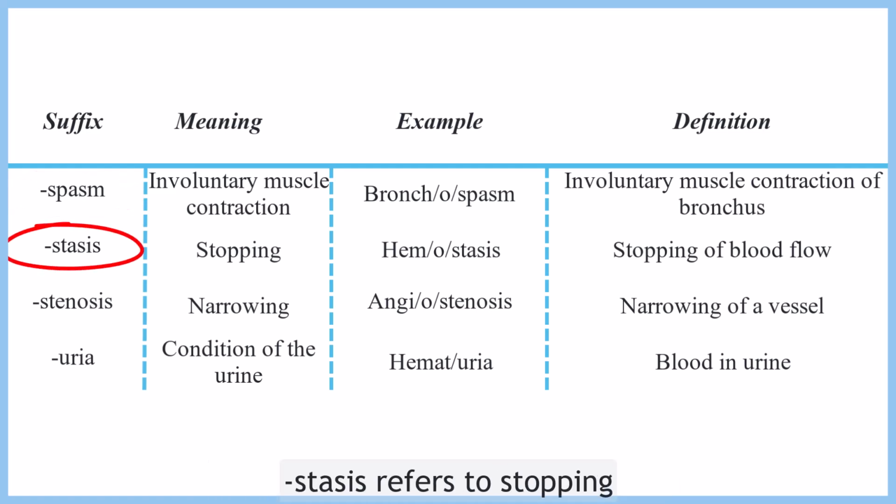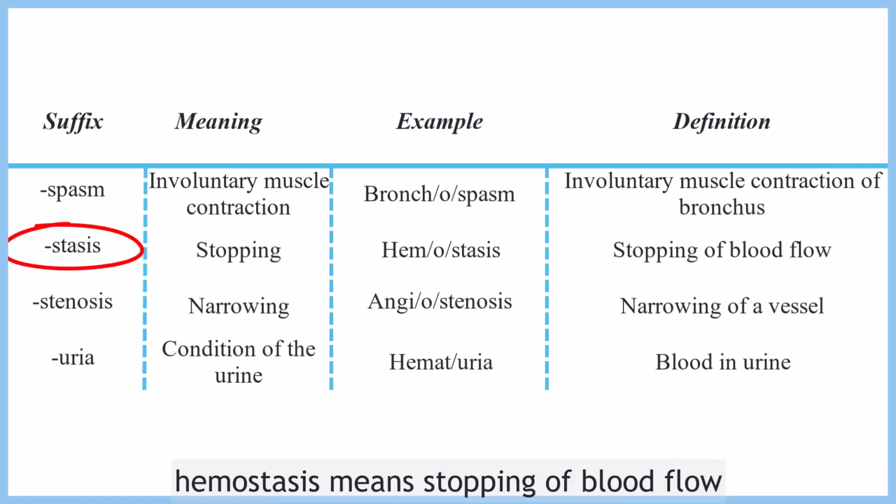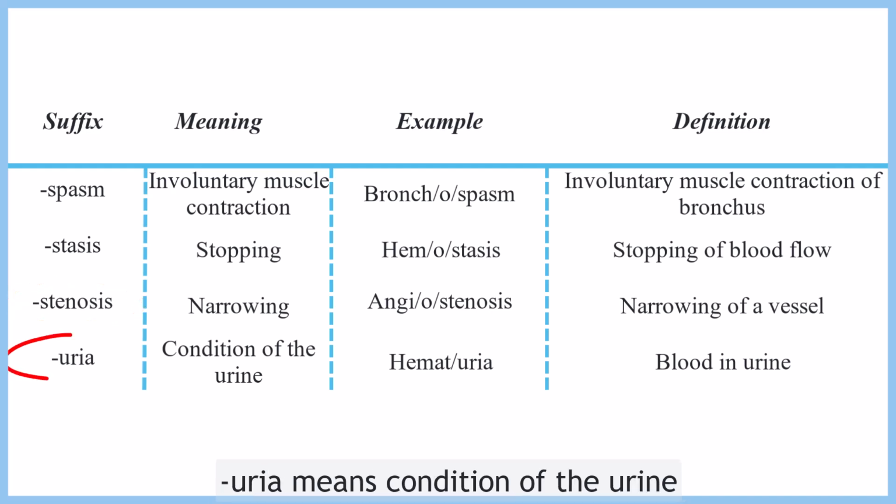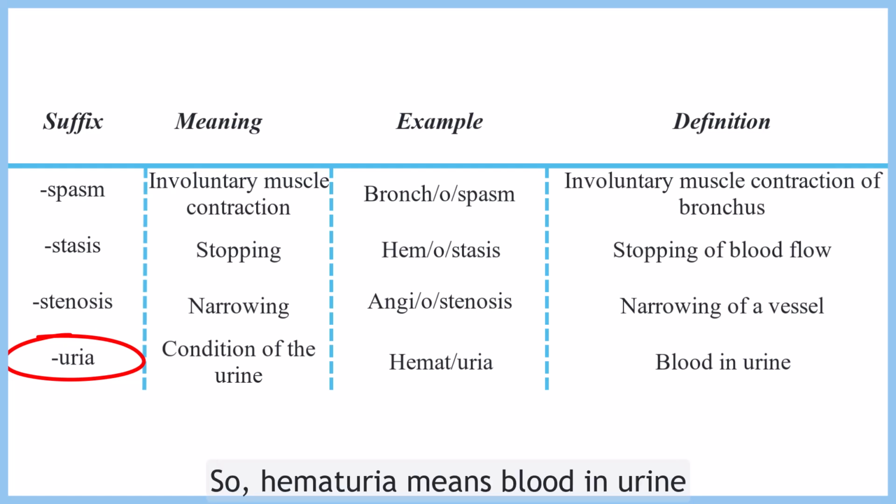Stasis refers to stopping. Hemostasis means stopping of blood flow. Stenosis means narrowing. Angiostenosis, narrowing of a vessel. Uria means condition of the urine. So hematuria means blood in urine.